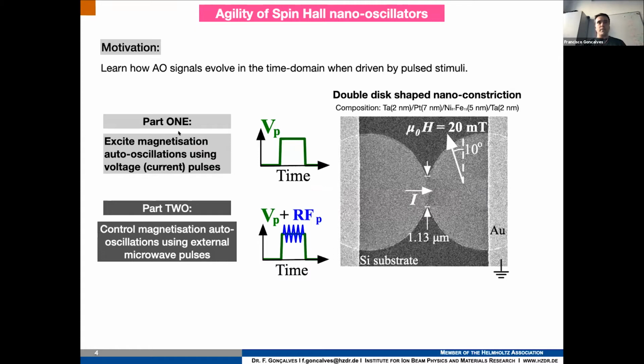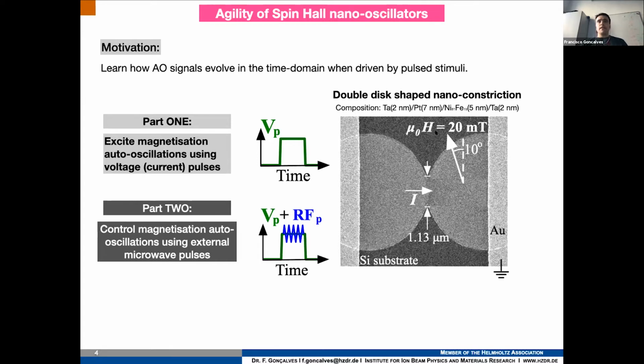This talk will then have two parts. One where I will simply apply voltage pulses and see what the response of the SHNO looks like. And in the second part, I will apply both voltage pulses and microwave pulses in order to control the magnetization auto-oscillation properties using an external RF source.